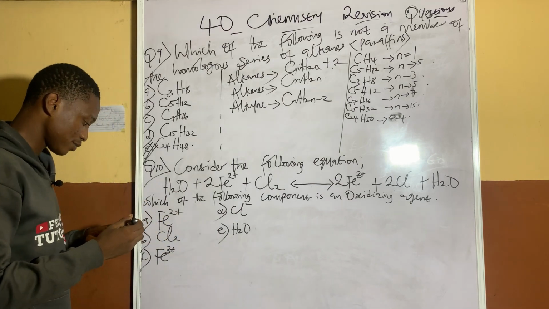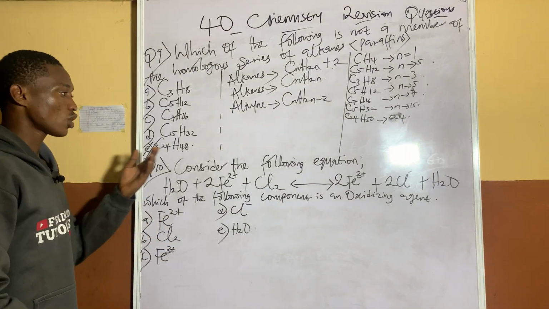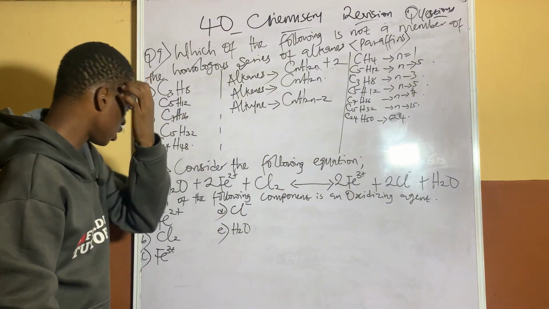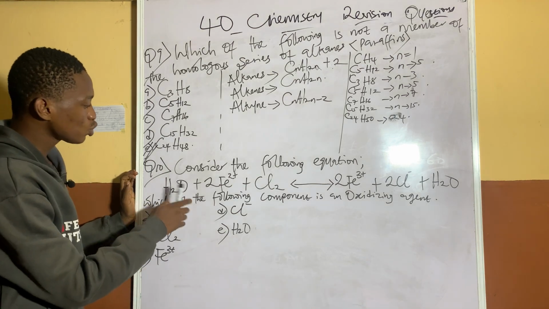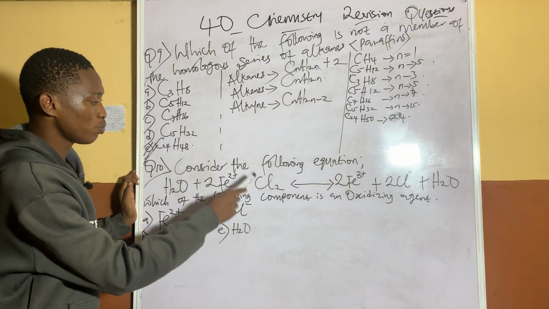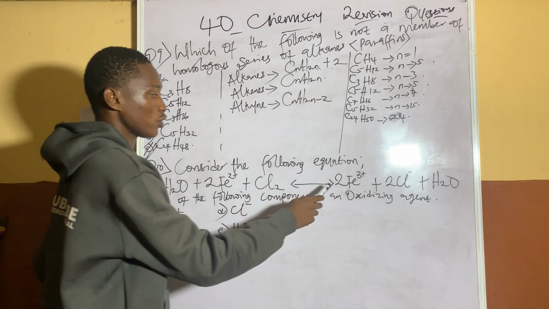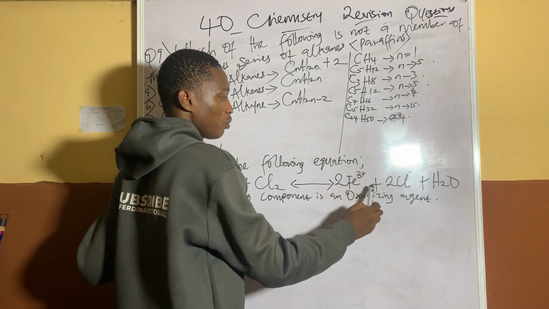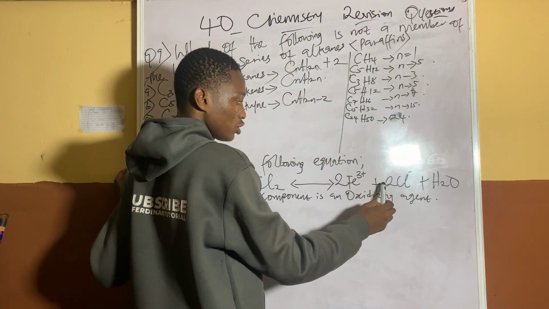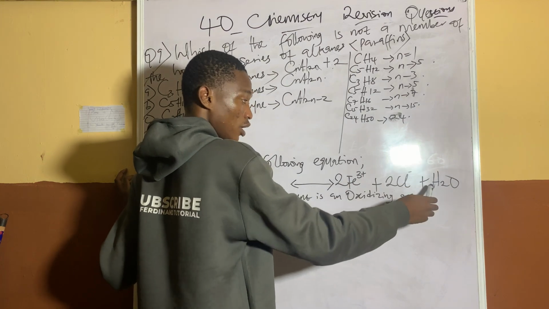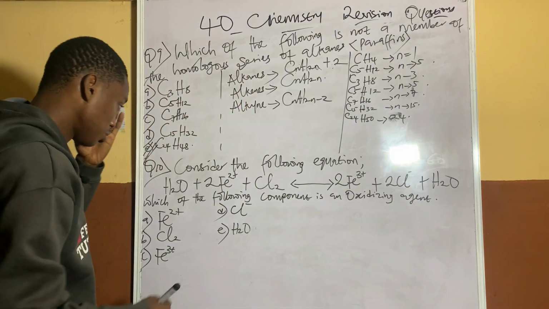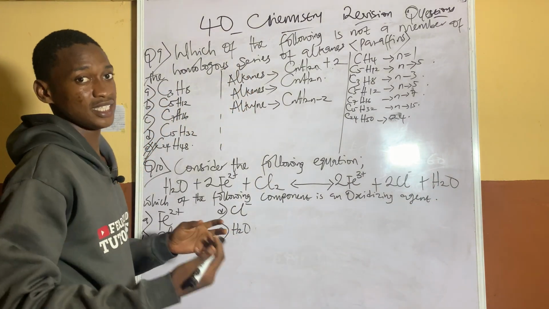Now, question 10. It says, consider the following equation: H2O plus 2Fe2+ plus Cl2 gives 2Fe3+ plus 2Cl- plus H2O. Which of the following components is an oxidizing agent?